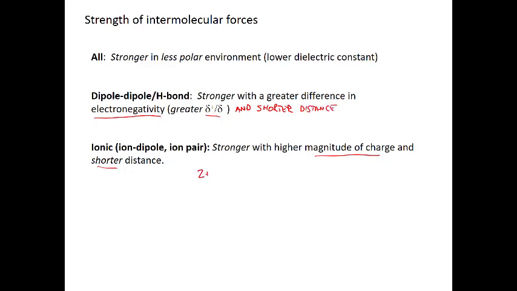So for example, the ionic interaction between a 2 plus and a 1 minus charge is going to be stronger than the interaction between a 1 plus and a 1 minus charge. Hydrogen bonds are stronger if they're shorter and straighter. We already talked about why that is.